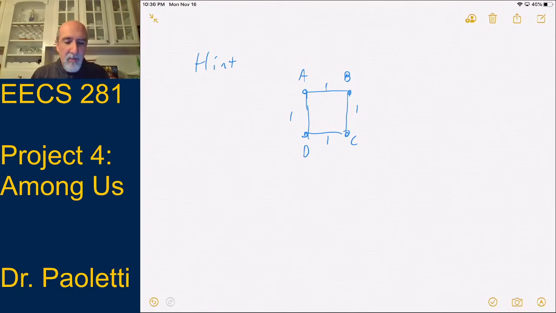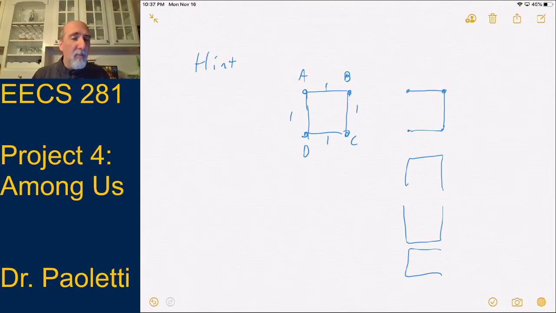An MST of this might list the vertices A goes to B, goes to C, goes to D. That's an MST. This is an MST, this is an MST, and this is an MST. So there are 4 different MSTs that you could produce. They're all equivalent. They are all minimal. They all have a cost of 3.